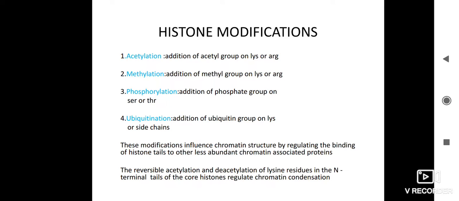Histone modification influences chromatin structure by regulating the binding of histone tails to other less abundant chromatin associated proteins. The reversible acetylation and deacetylation of lysine residues in the N-terminal tails of the core histones regulate chromatin condensation.